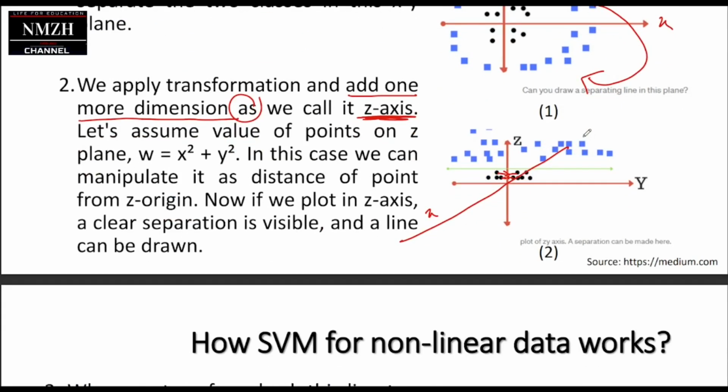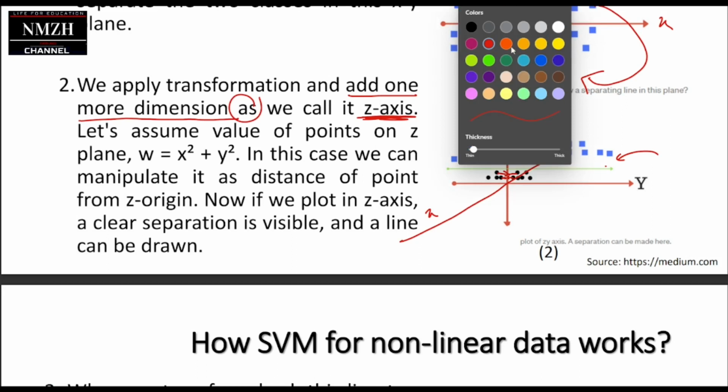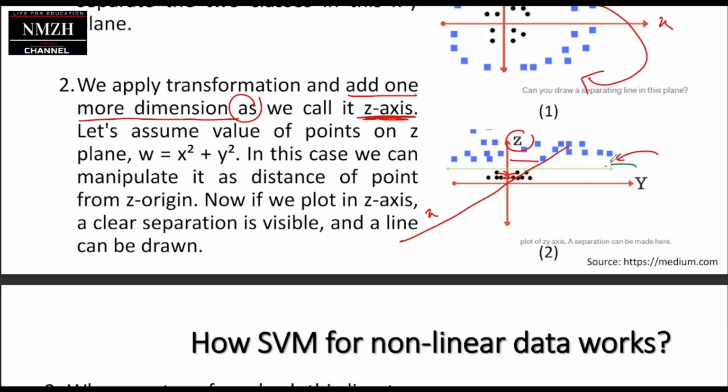So then we can say that the blue one is higher in the z plane. So this one is a kernel, whereby the kernel is separating those data in the new dimension. So that would be the kernel function purpose. So this one is basically the kernel, guys.